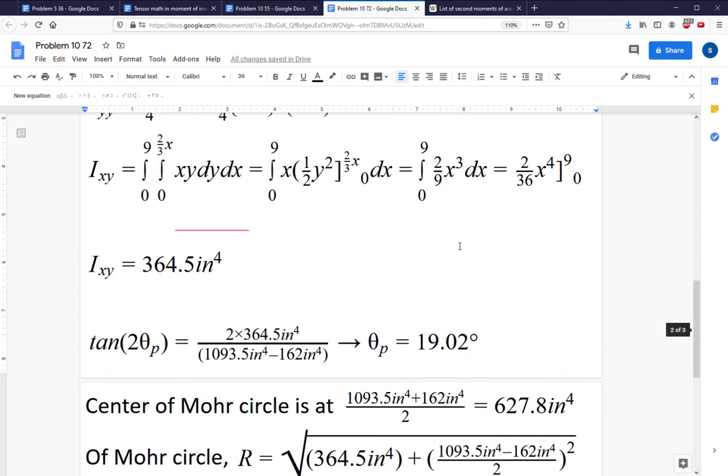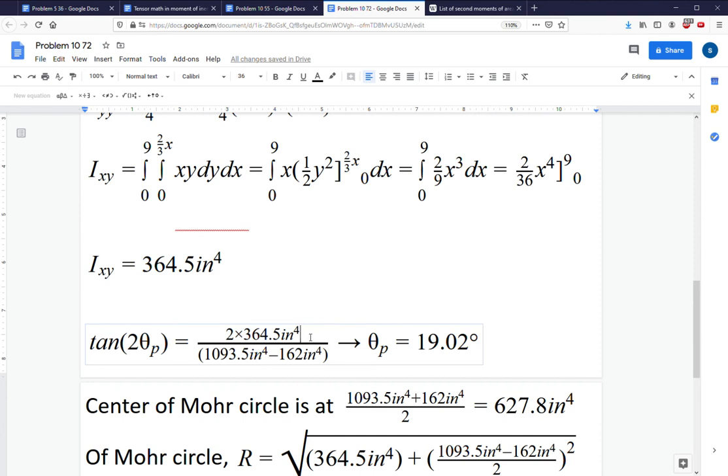Because in the Mohr circle, and if you want to follow along with this, look at page 555, figure 10.19, the y component of that angle that is 2 theta p, the y component is Ixy. And since I'm going across the diameter, I'll say that the y component is 2 times Ixy.